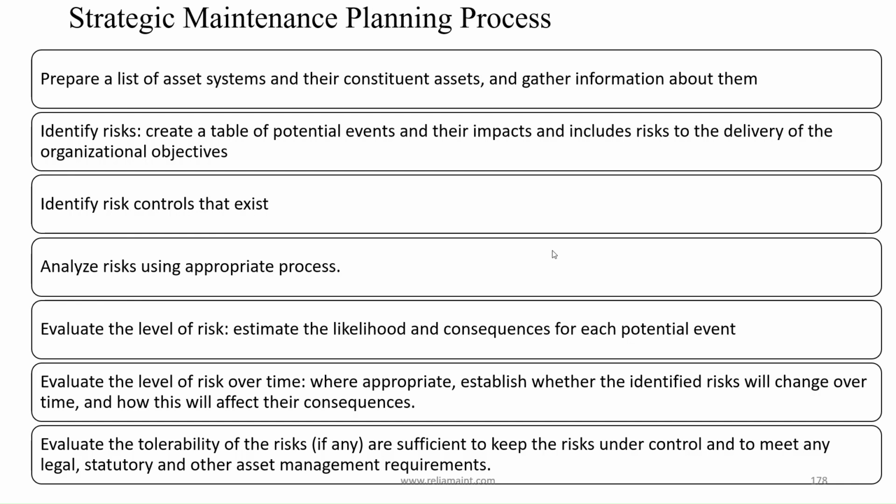Estimate the likelihood and consequences for each potential event. Evaluate the level of risk over time. Where appropriate, establish whether the identified risks will change over time and how this will affect their consequences. Evaluate the tolerability of the risks: are the controls, if any, sufficient to keep the risks under control and to meet any legal, statutory, and other asset management requirements.